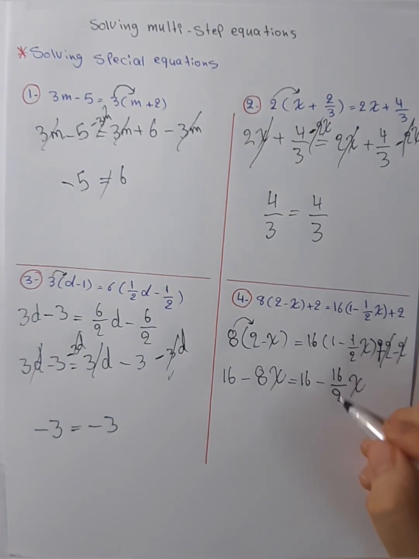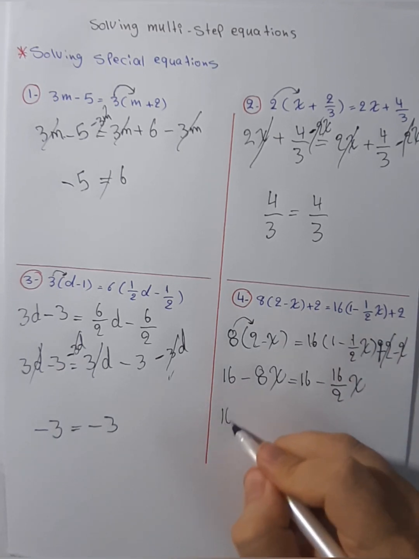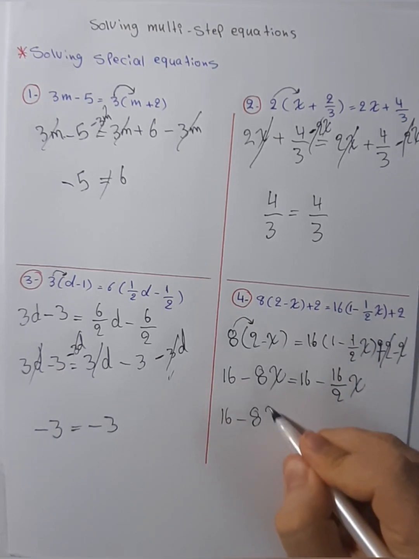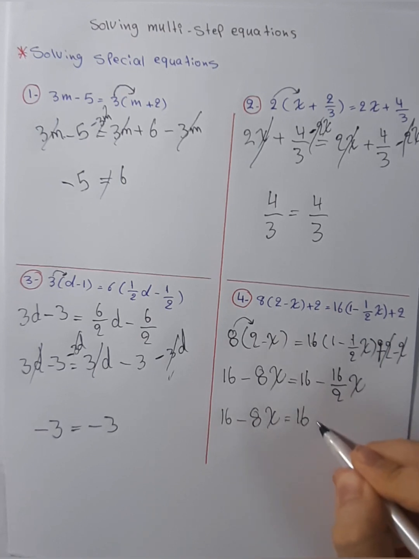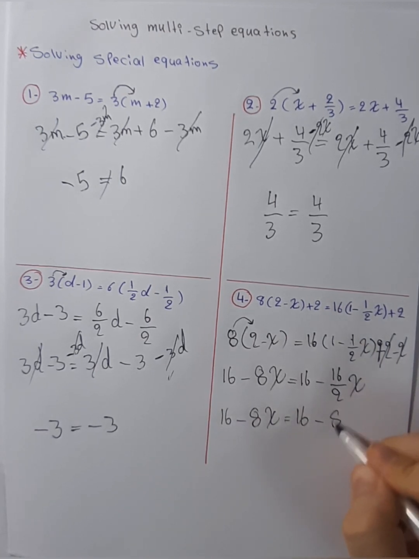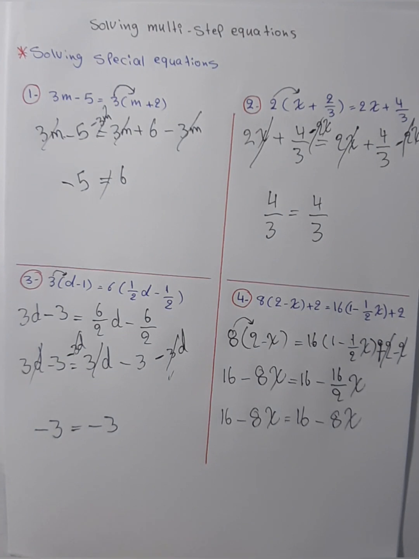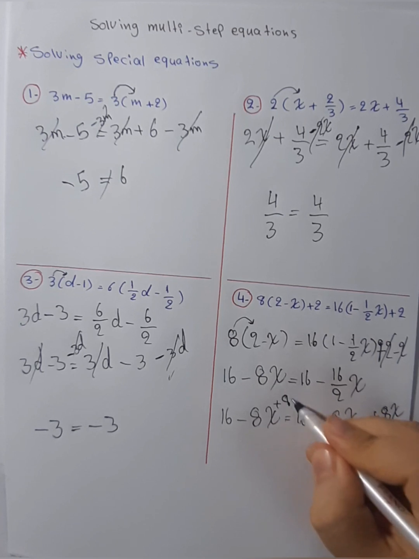After that, we can divide these two numbers. 16 minus 8x equals 16 minus 16 divided by 2 equals 8x. After that, we have to add both sides by 8x, plus 8x.